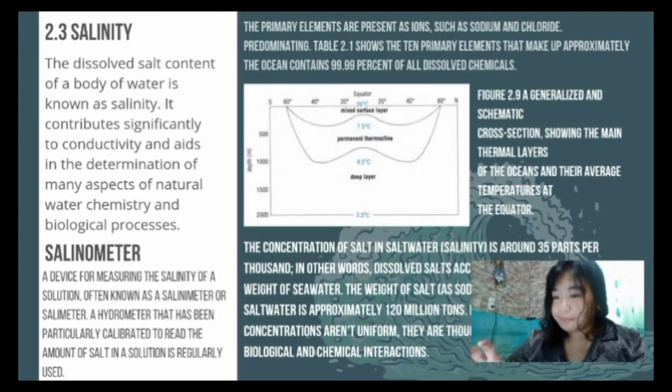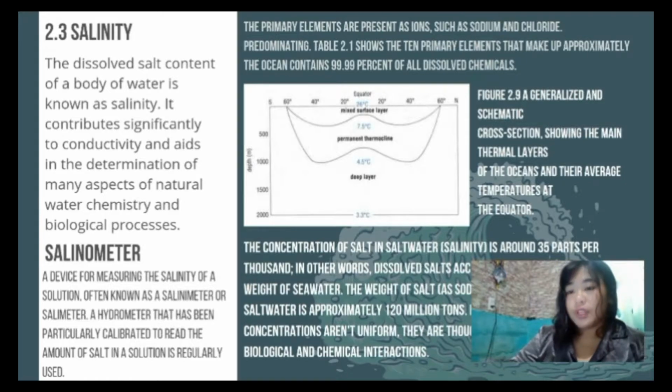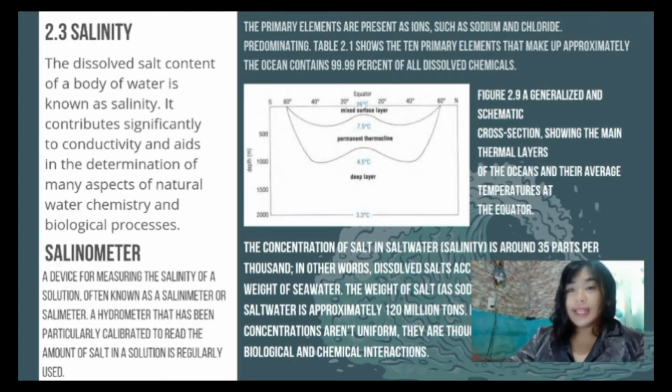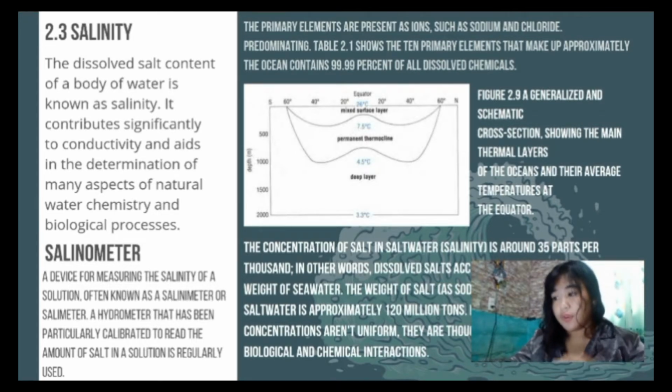In this other figure, we're going to show you the generalized schematic cross-section showing the main thermal layers of the ocean and their average temperature at the equator. Constituents in table 2.1 make up about 99.9% of all the dissolved substances in the ocean. Some of the constituents I have read to you, such as oxygen and water, are essential.